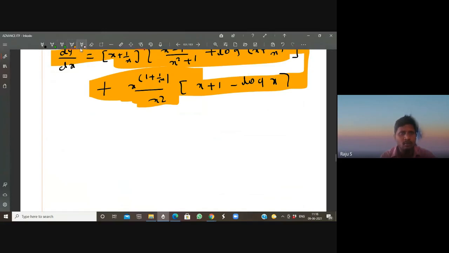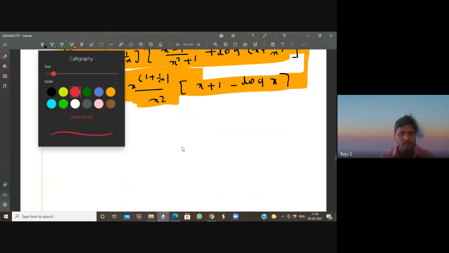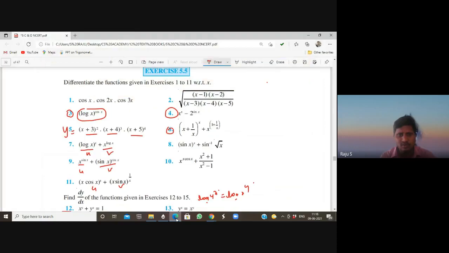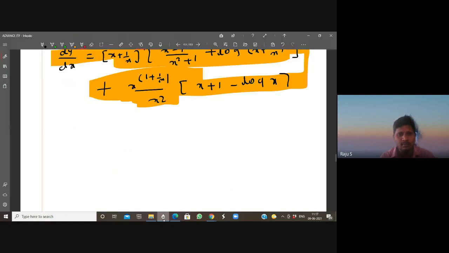Now coming to the next question. What shall we do here? 7th question: log x whole power x plus x power log x. Y is equal to log x whole power x plus x power log x.